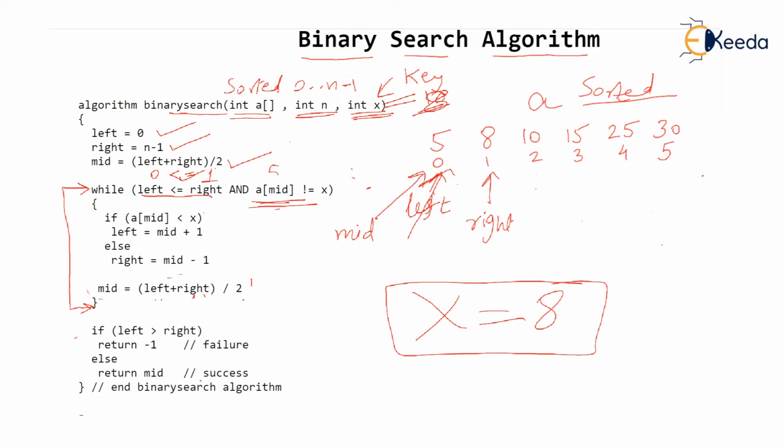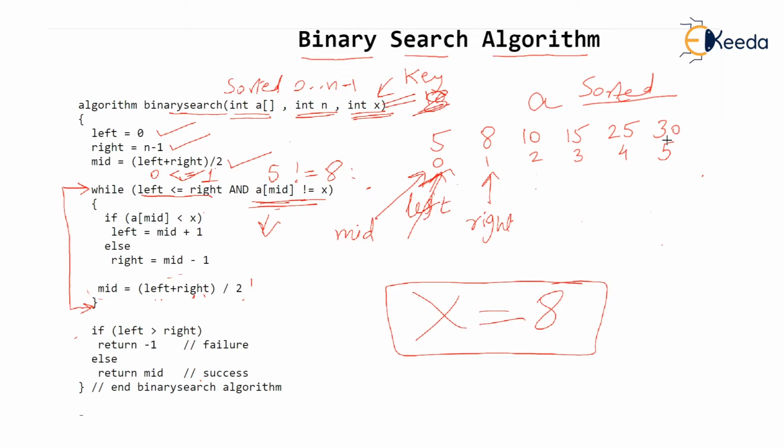Is it not equal to the value that we are searching? Yes, the condition still holds true. That means midpoint is not storing the value in which we are interested. So we should continue. But then we will now check, okay, if the value is not at midpoint, then what's the relation? Should the value be to the right or to the left?